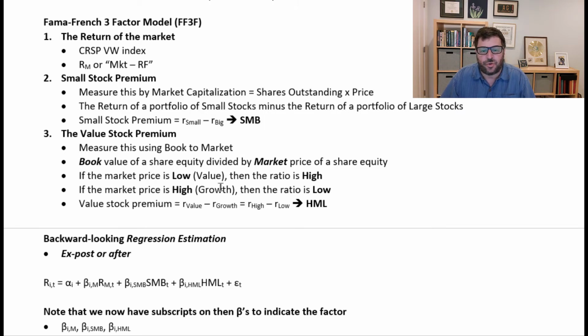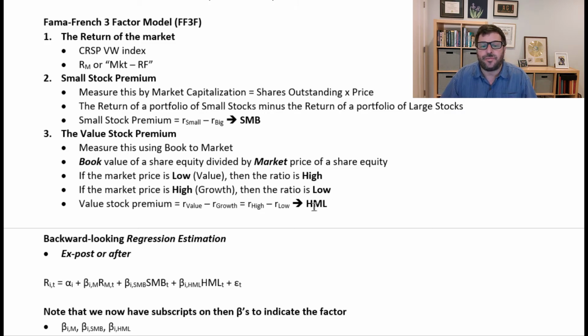And if a stock is a growth stock, it has a high price, and since this is in the denominator, the value of the ratio is low. And so the value stock premium, just like the small stock premium, is the return to a portfolio of value stocks relative to the return of a portfolio of growth stocks, which we call the return of the high variable minus the return of the low variable, or HML.